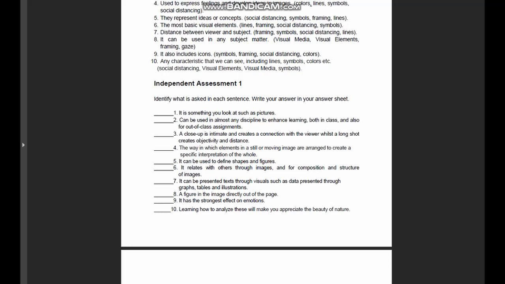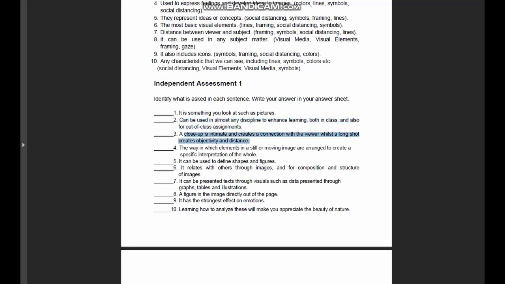Okay, first, number 1, it is something you look at, such as a picture. Second, can be used in almost any discipline to enhance learning, both in class and also for out-of-class assignments.